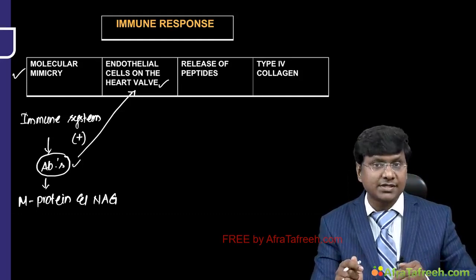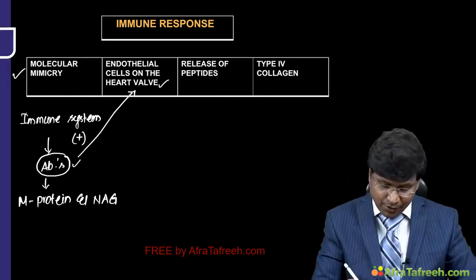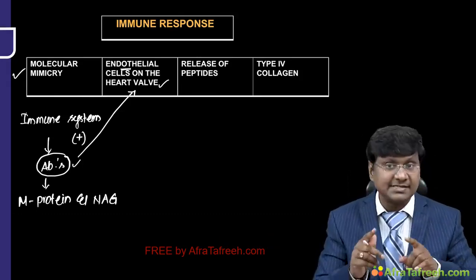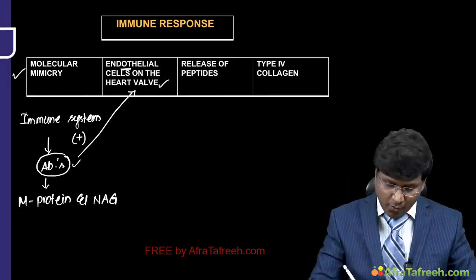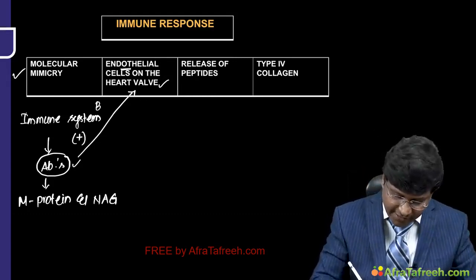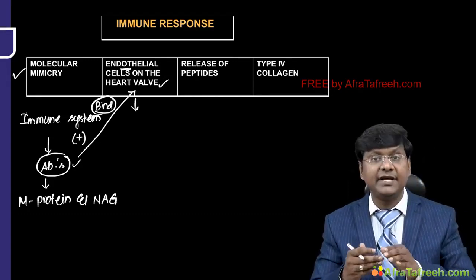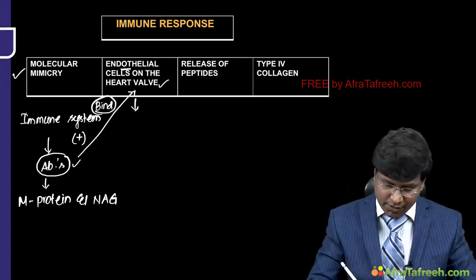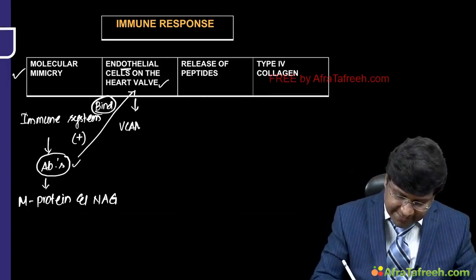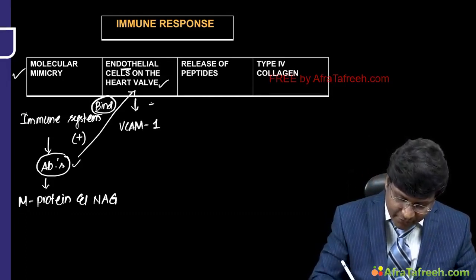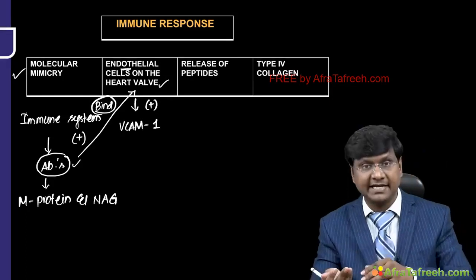These antibodies bind to the endothelial cells of the heart valves. Once they bind, there is activation of an adhesion molecule. What is that adhesion molecule that gets activated? That is VCAM1.